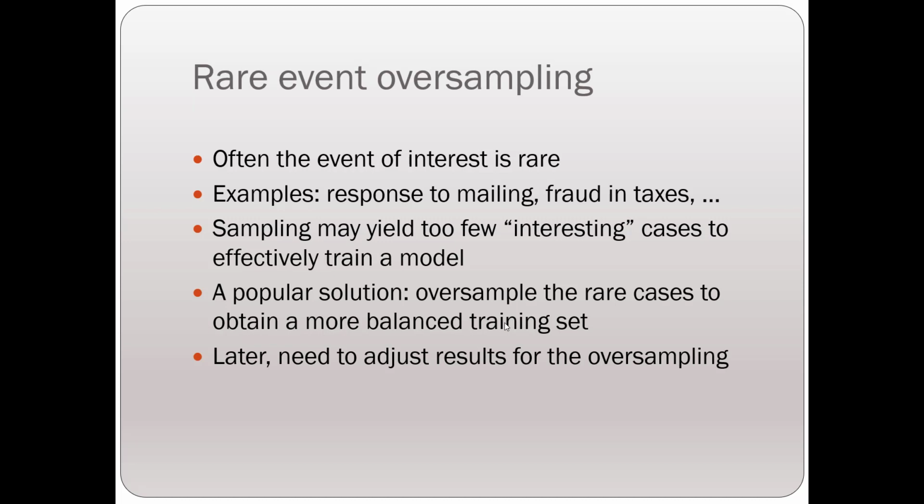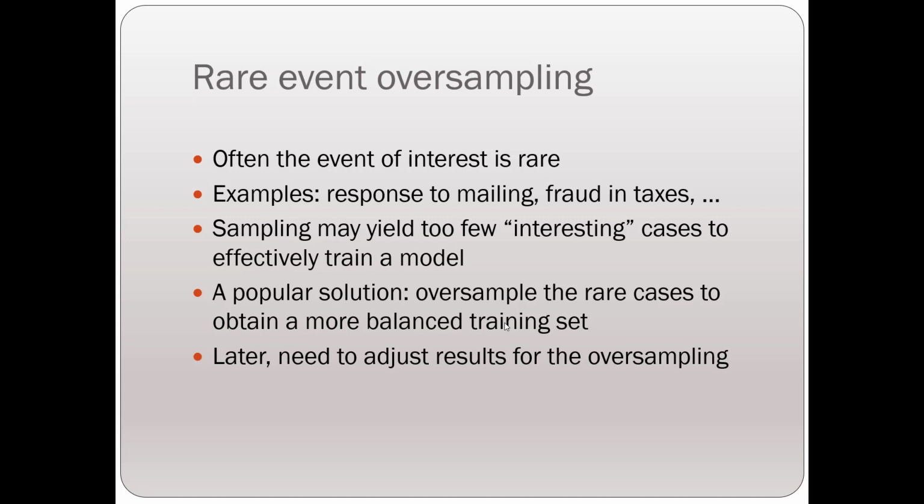So you have 100,000 records, and only about 5,000 are events, right? It's a very small number. So you take all the 5,000 events, so you're oversampling the events, and then you take an equal number of non-events. Now in the sample, 50% of the observations are events.